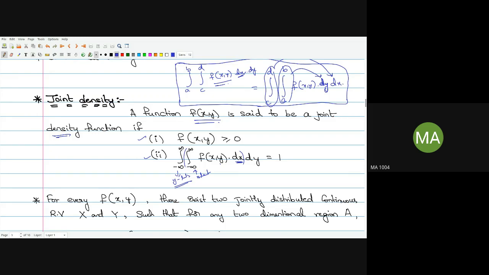We will see how to solve this. But the condition for a joint density is these two. For f(x,y) to be a joint density function, it should always be greater than or equal to 0, and if I integrate it along y and x, the integral value should be equal to 1.